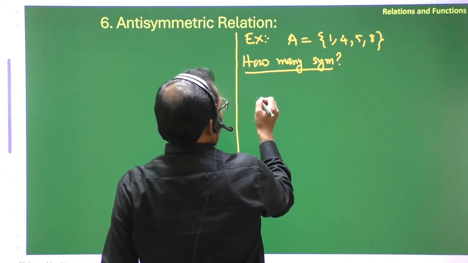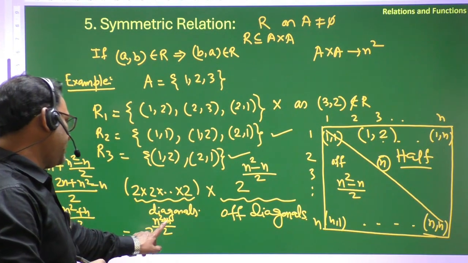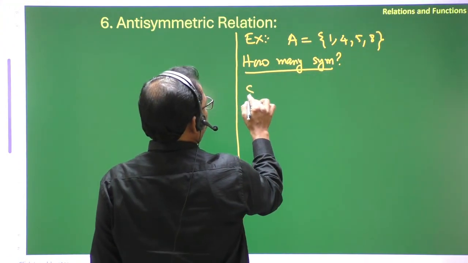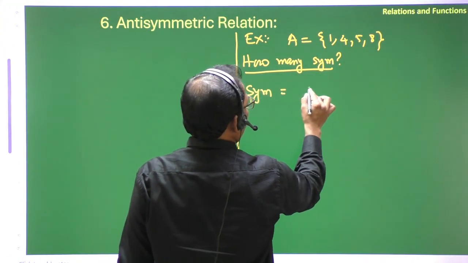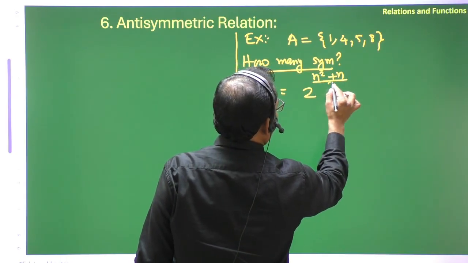So according to this formula, the number of symmetric relations will be 2 power (n square plus n) whole divided by 2.